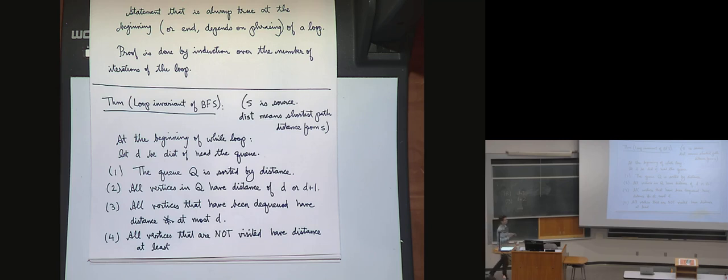Why? It's easy enough to stick a post-it above your head, but why? So you think it's d plus 1. Why? Because we know that in the queue there are distances of both d and d plus 1, and I'm operating on the assumption that not all neighbors have been explored.